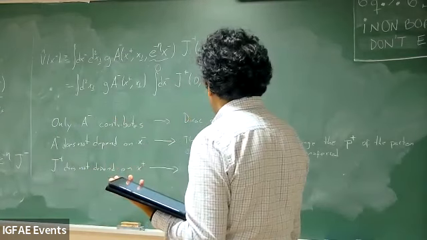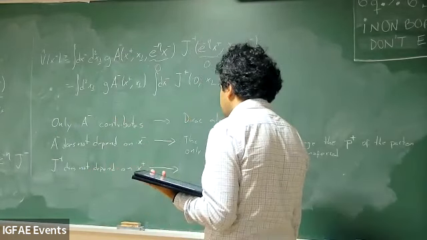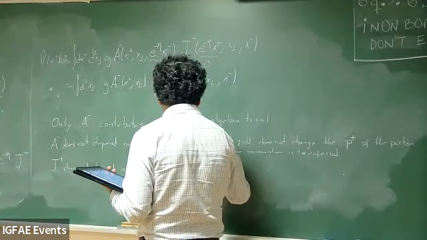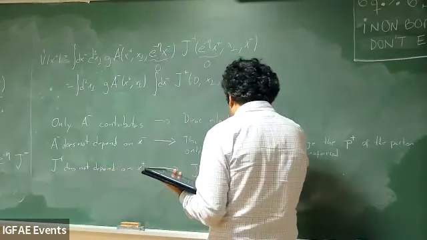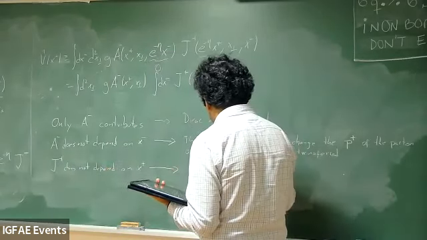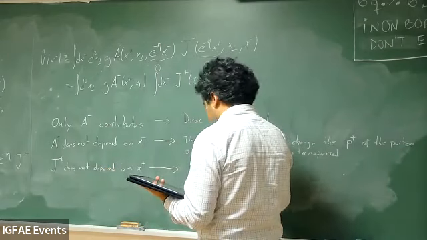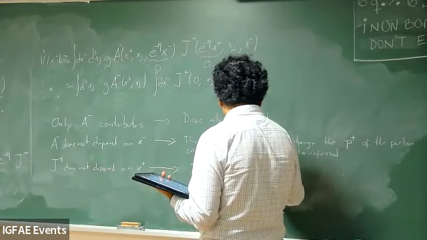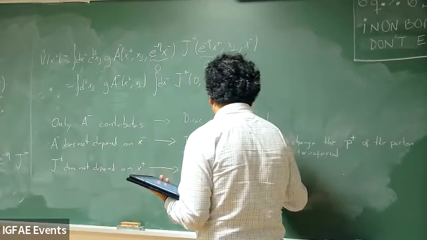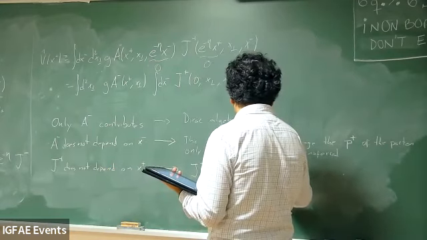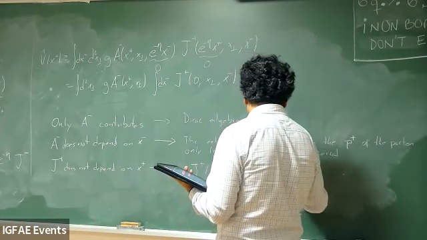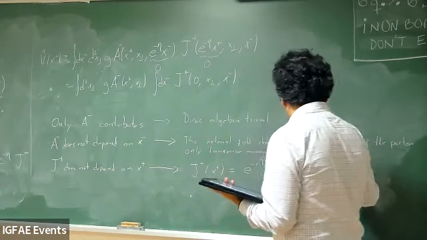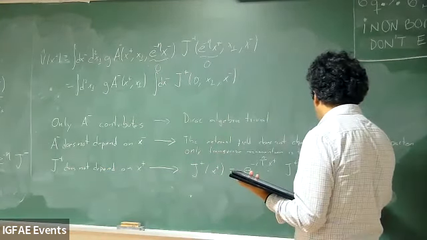Then, what does this mean in this picture? Remember that in general, if you were to have some X plus dependence, we can always write this in terms of an operator evaluated at X plus equal to 0.